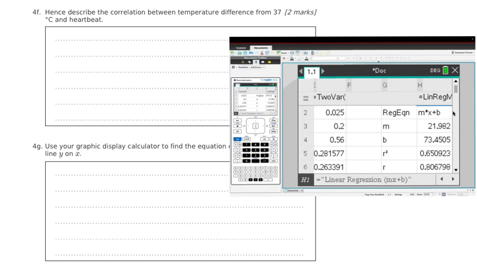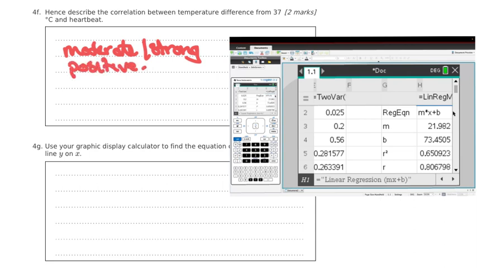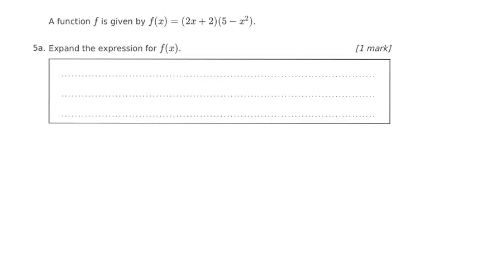The correlation is best described as moderate to strong positive. And the equation of the regression line is y equals 22.0x plus 73.5.